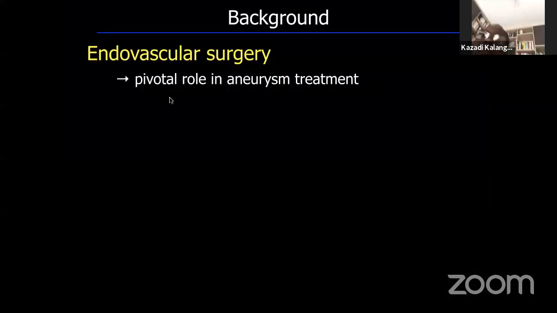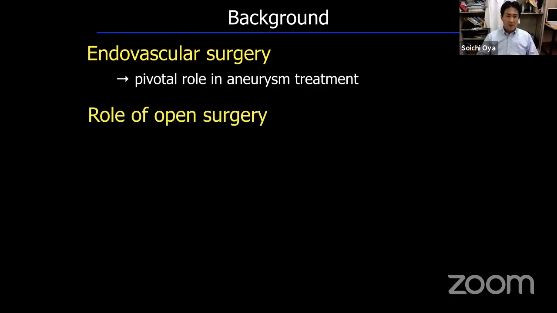Now it's the era of endovascular surgery. And as we all know, it has been playing the pivotal role in aneurysm treatment. However, I think open surgery is still required for some selected cases. For example, MCA aneurysms are good candidates.